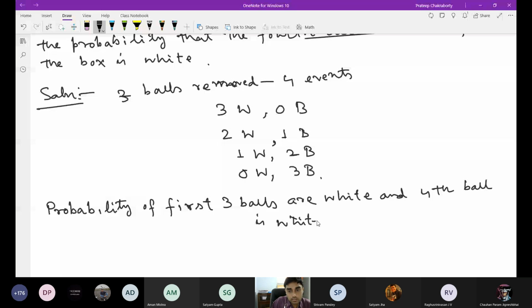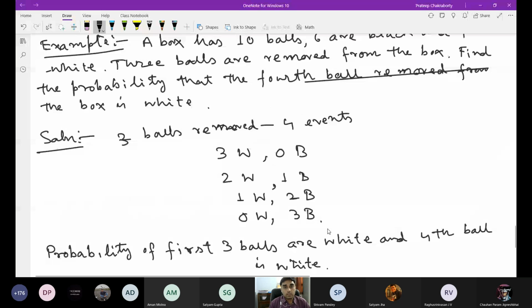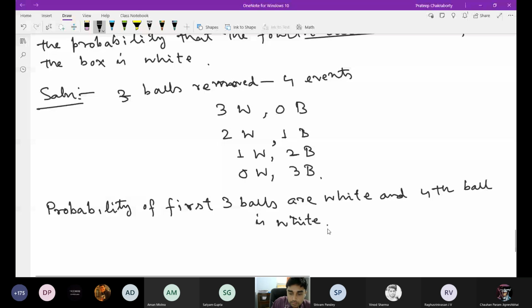Only 1 by 7? 1 by 120. So how many ways can we choose 3 white balls from 10 balls? All the white balls are identical and all the black balls are identical, right? There is no other way to distinguish. So 3 by 10 will be the probability to pick one white ball from 10 balls total.